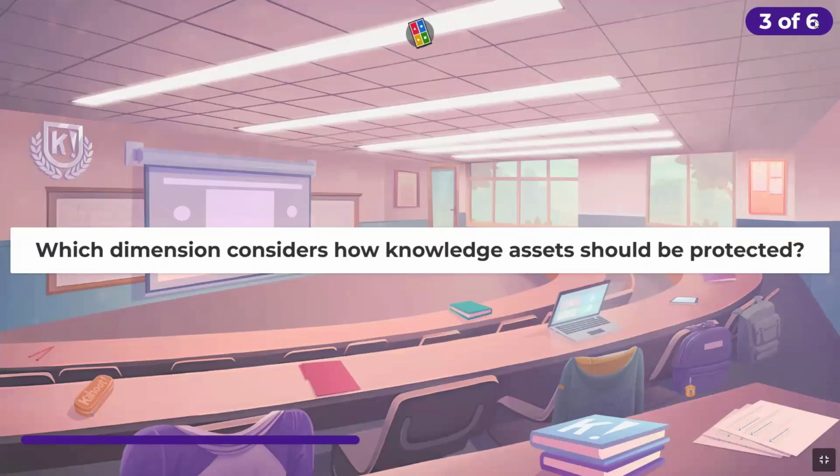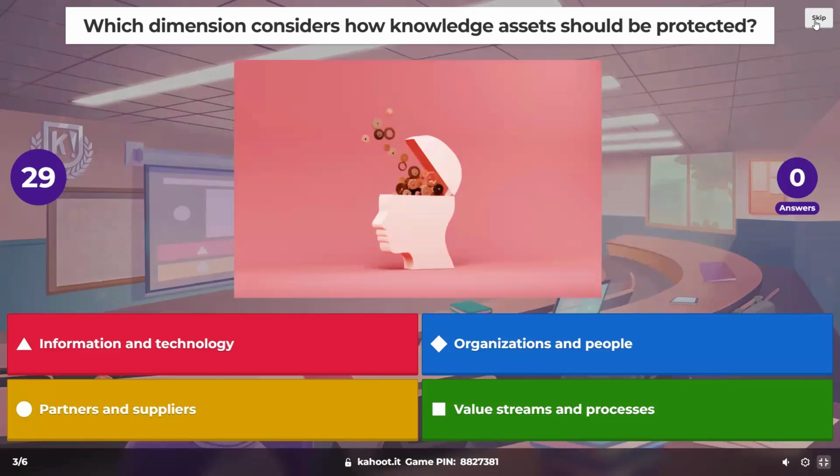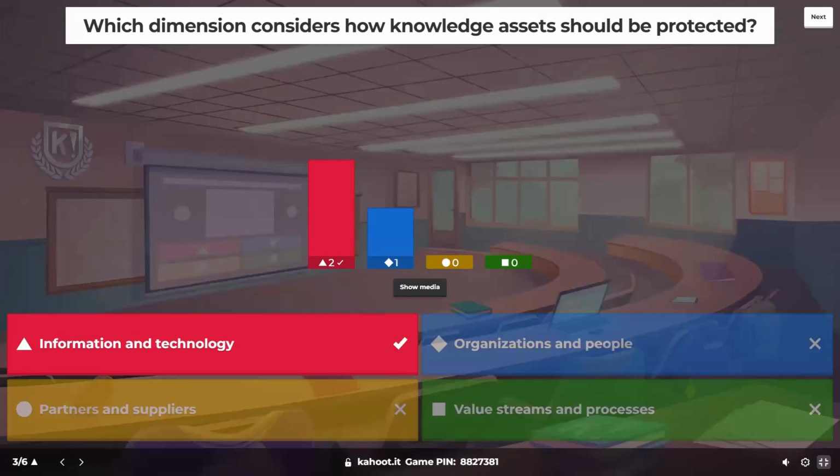Which dimension considers how knowledge assets should be protected? So information technology.